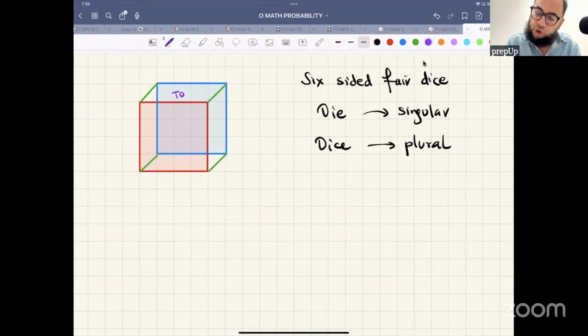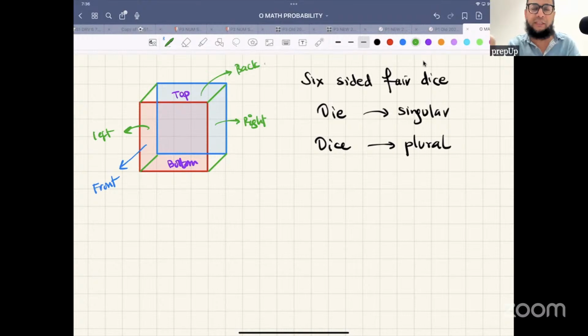There is the top, there is the bottom, there is the right hand side, there is the left hand side, then there is the front wall. So this red one, that is the front, and this one, that is the back. So imagine you are in a room and that is like a squarish shape, and this is a 6-sided die.